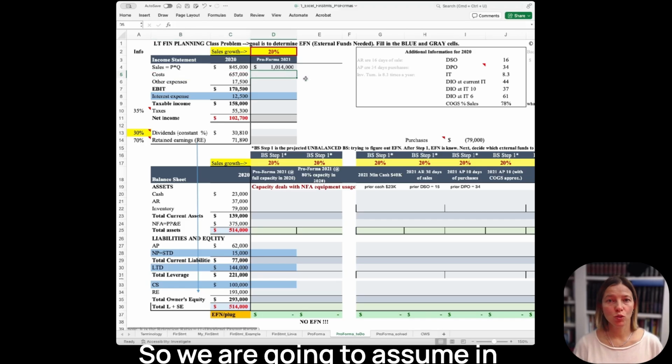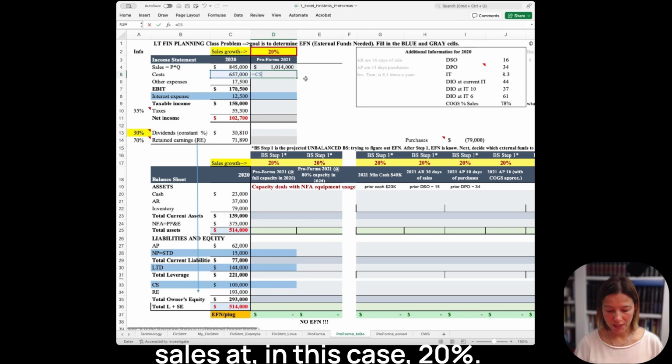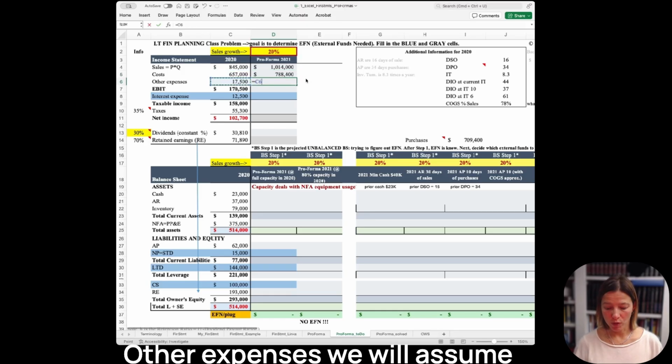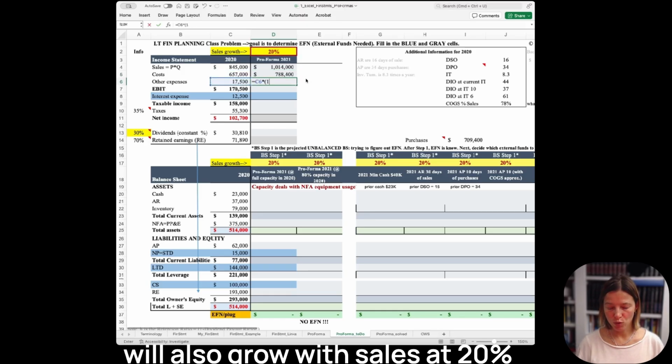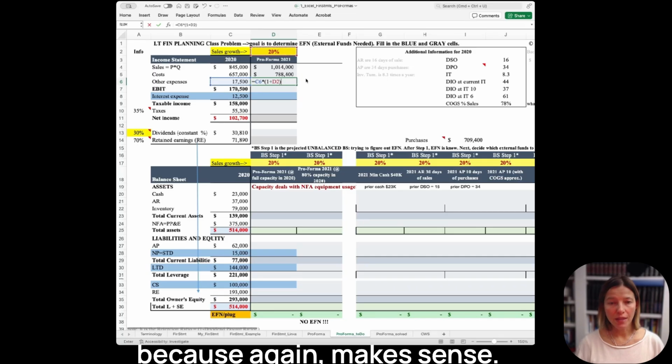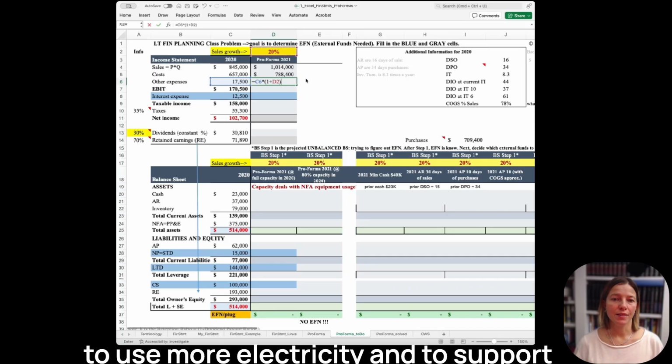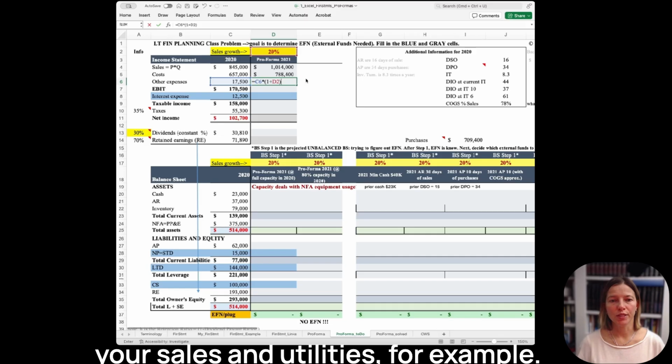So we're going to assume in the simple case that the cost of goods sold also grows with sales at, in this case, 20%. Next, we have other expenses. Other expenses, we will assume, will also grow with sales at 20% because it again makes sense. As you produce more shirts, you need to use more electricity and utilities, for example, to support your sales.